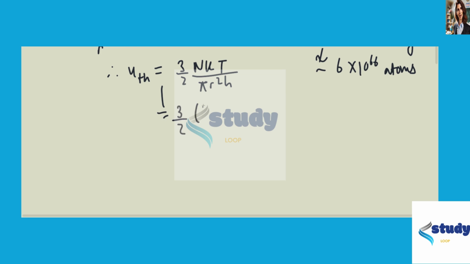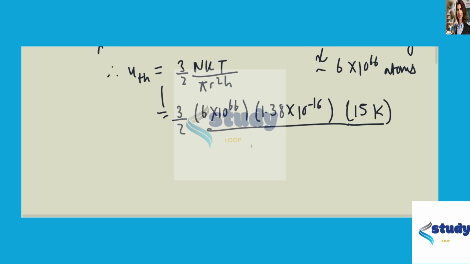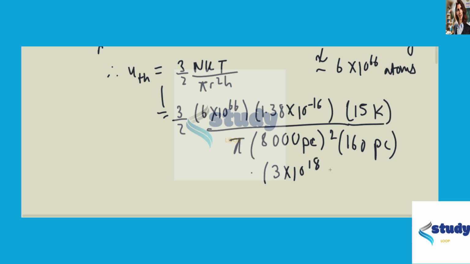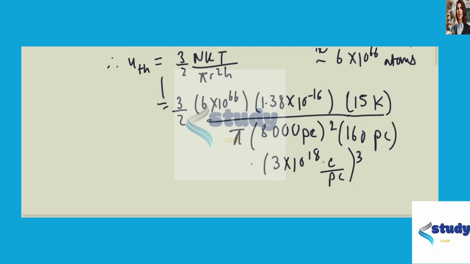That's 3/2 times 6 times 10 to the 66 atoms times Boltzmann constant, 1.38 times 10 to the minus 16 in CGS units, times 15 degrees Kelvin for ISM hydrogen gas temperature, over pi times r squared, that's 8,000 parsecs squared, times h, which is 160 parsecs, times the conversion from parsec to centimeters, which is 3 times 10 to the 18 centimeters per parsec, and you're going to cube that because of three different lengths that you're converting here.